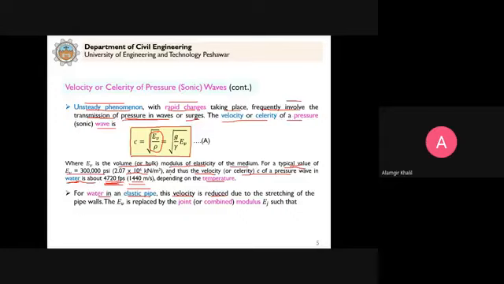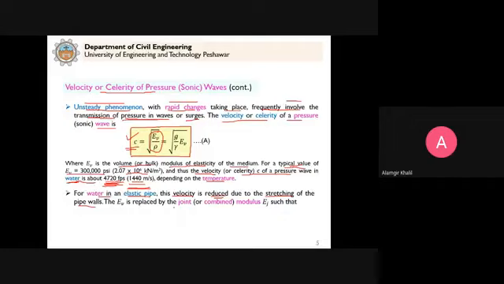As a result, the pressure wave velocity will be less than this value. So if we consider the pipe to be elastic, we have to modify this equation. You cannot use this equation to calculate the celerity of pressure waves. The velocity is reduced due to the stretching of the pipe walls.